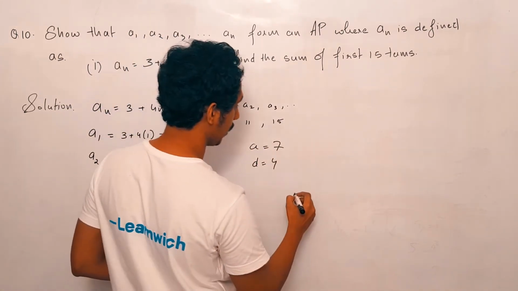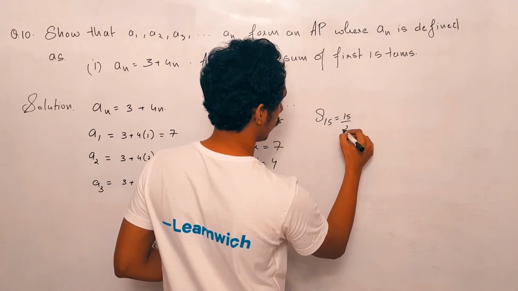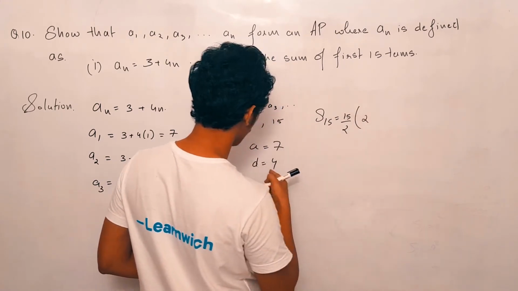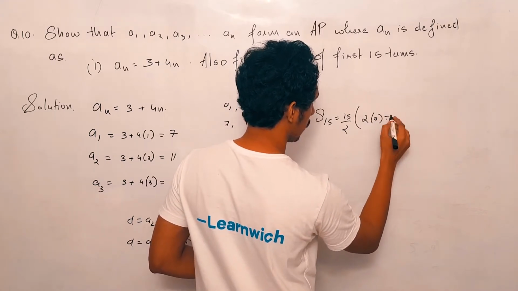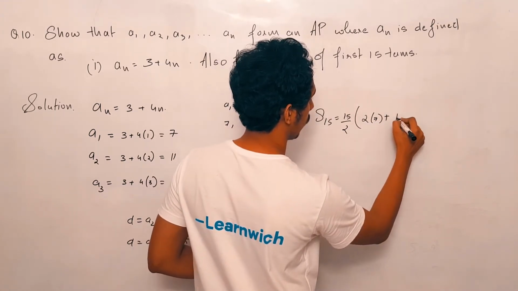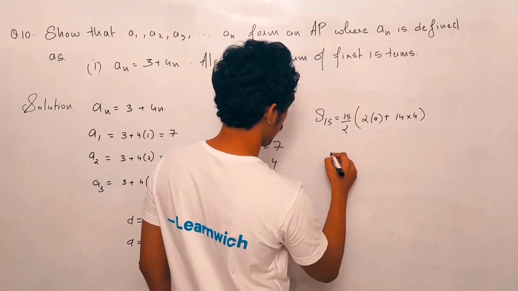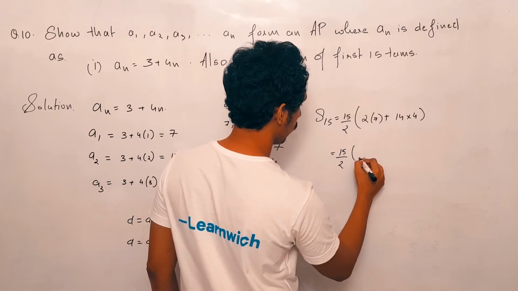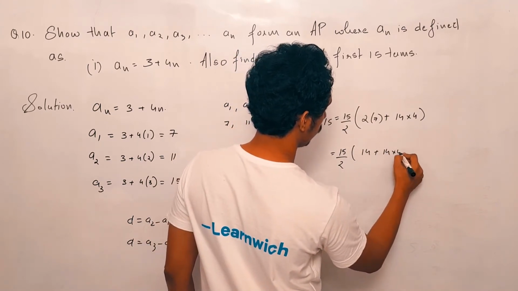S15. What is S15? S15 is equal to 15 by 2 into 2a, what is 2 times a? 2a plus n minus 1, that is 14 into d. Okay. So 15 by 2 into 14 plus 14 into 4.